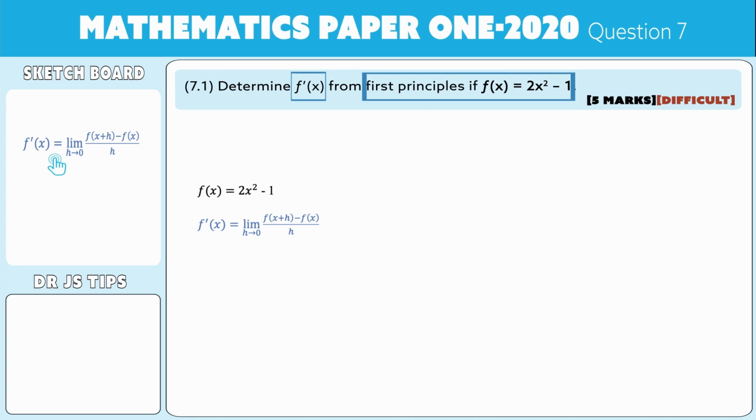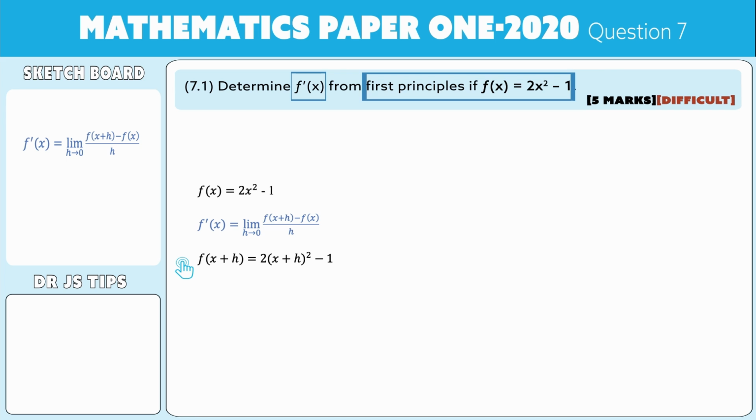So let us start and let's say, okay, we've got f of x. F of x is given as 2x squared minus 1. F of x plus h is what we need. So that will be twice. Now remember, every x gets replaced by x plus h, all squared, minus 1.